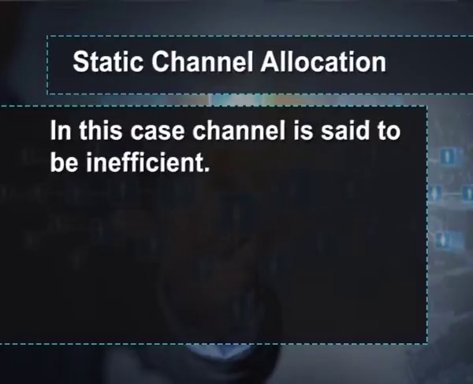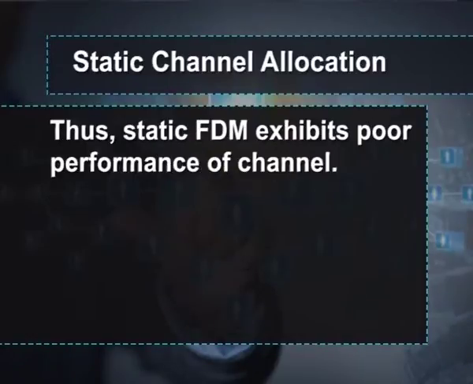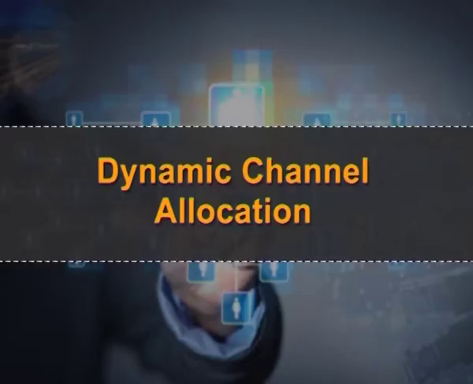In this case, channel is said to be inefficient. If all the users who want to communicate are arranged in one queue and number of users are n, then the average delay t will be n times the mean time delay. The static FDM exhibits poor performance of channel.